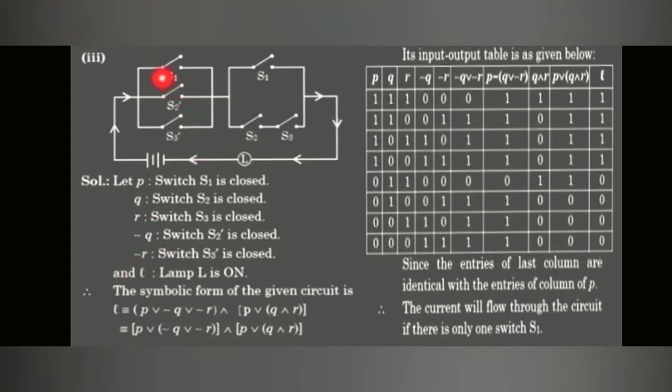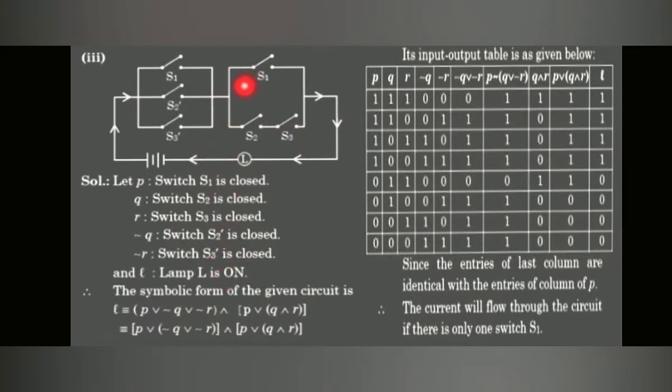Start from these switches. S1 is parallel to S2, and S2 is parallel to S3 dash. Since we write here P or negation Q or negation R. These three are in series with these three switches. Since we write AND, this is AND.